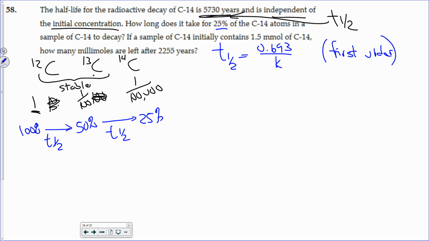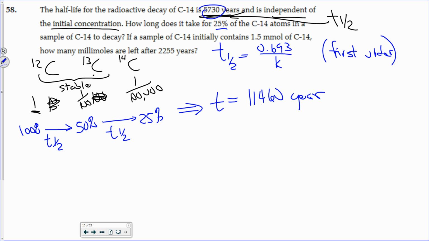You just add together the time, since the half-life is the same. It's 5730. So adding that together, whatever that is, add it together twice. Okay.